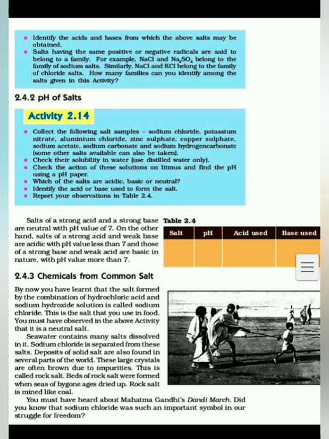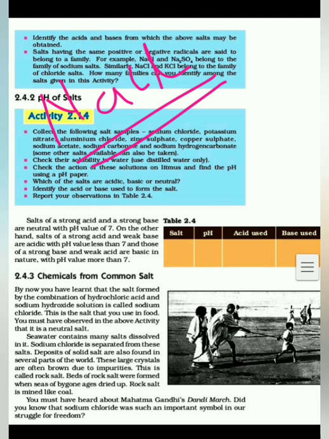Now we will discuss common salt, that is sodium chloride. As you all know, it is formed by the combination of hydrochloric acid and sodium hydroxide solution, and it is known as sodium chloride, NaCl, also known as common salt.